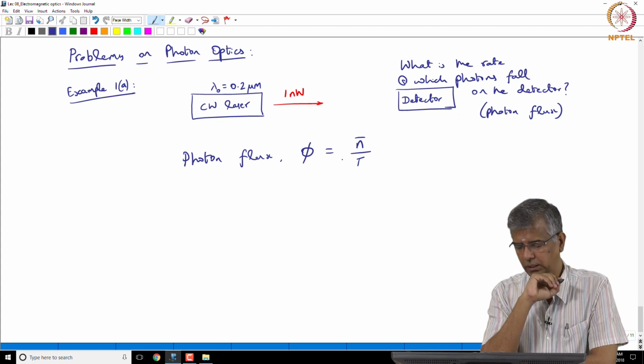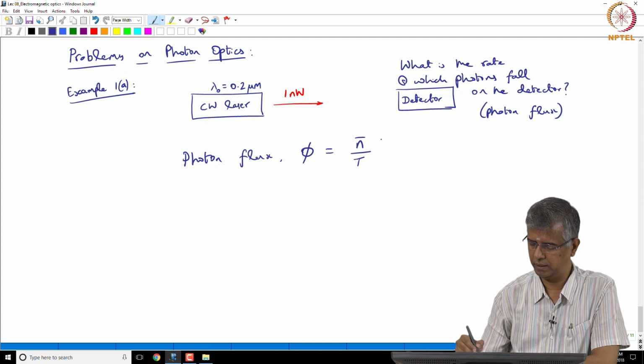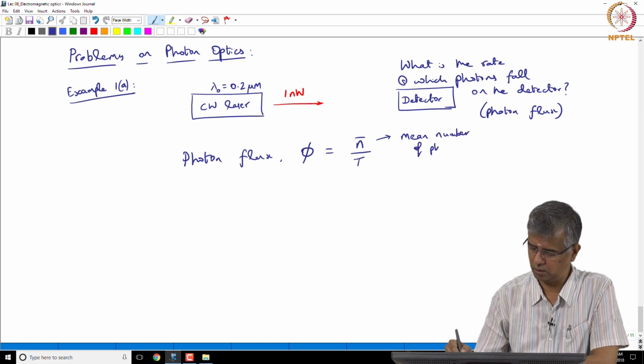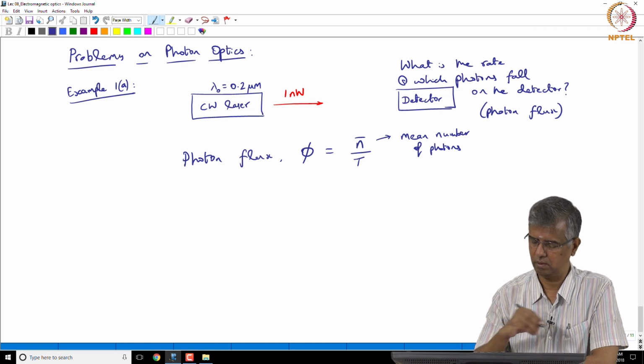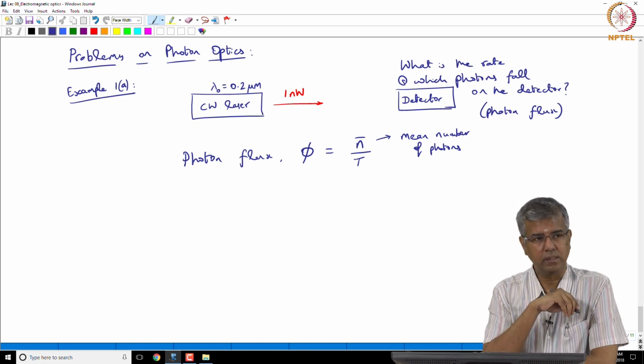So n bar here corresponds to the mean number of photons. So what is n bar?